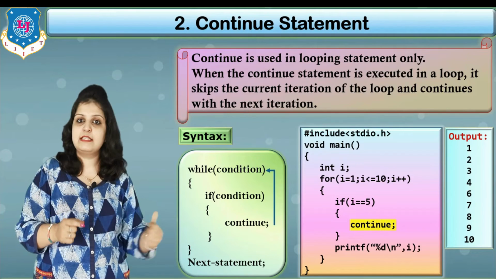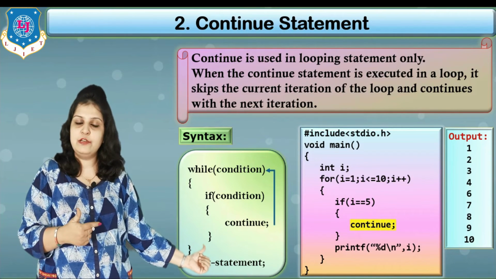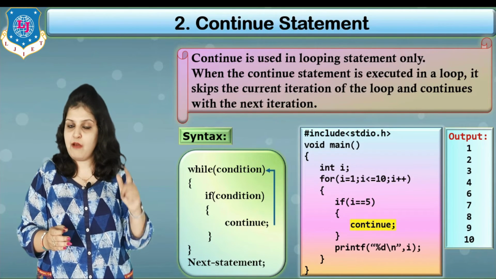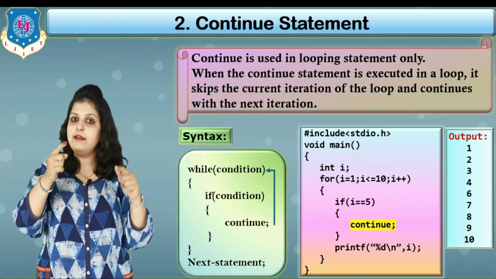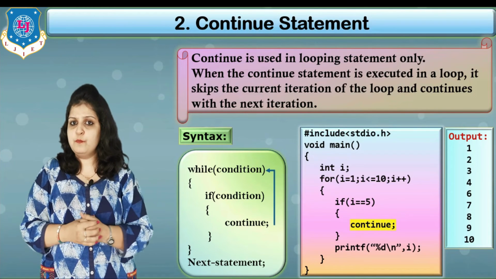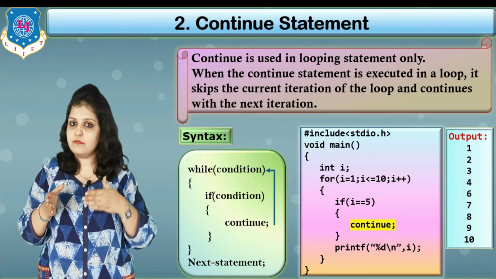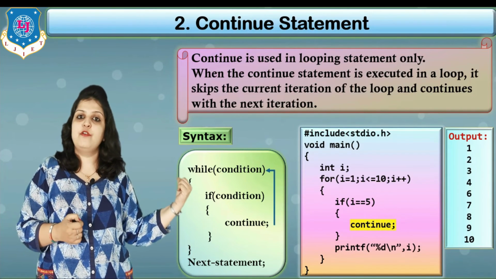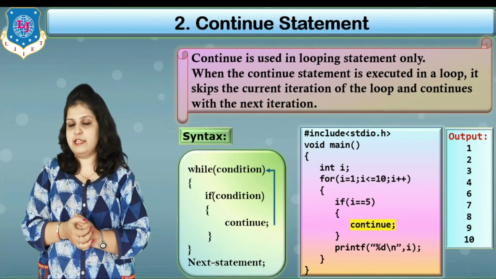So when our i is 5, this condition becomes true. In this case the remaining statement, that is the last printf statement that prints the value of i, will be skipped when i is 5, and our control goes directly to the loop for the next i. So our next i becomes 6, and for 6 our condition is false, and printf i will execute again.